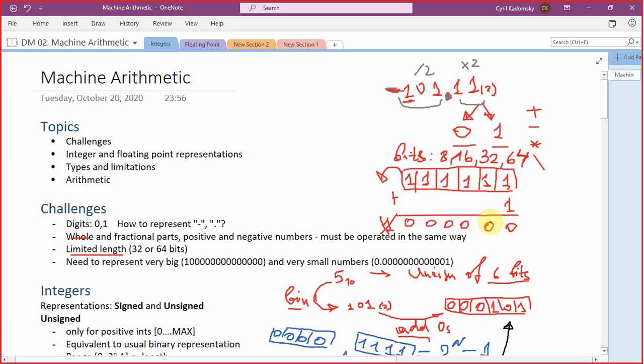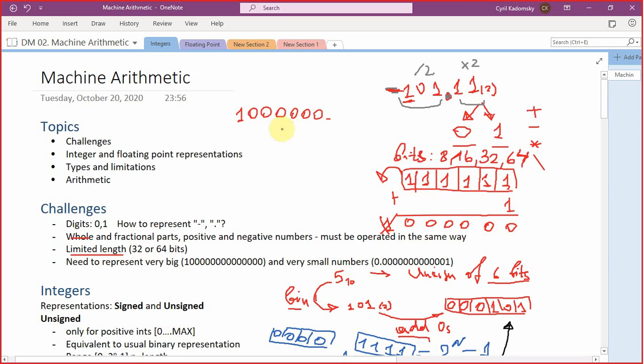Okay. And finally, the final challenge that we need to address today is the need to represent very big and very small numbers. This is an example of a very big one, and this is an example of a very small one. If you look at this number, in which we have a very big and a very small part, we have many decimal positions in it.